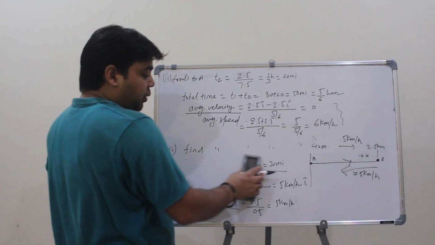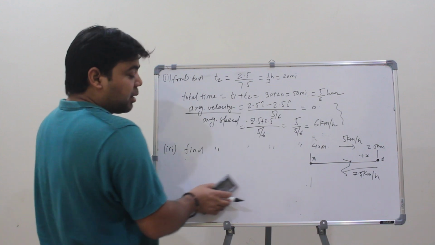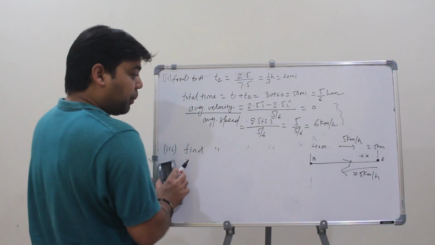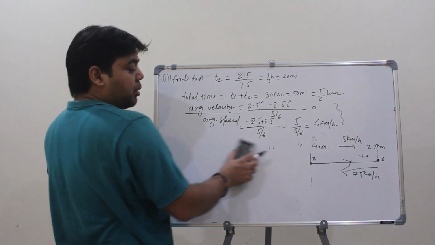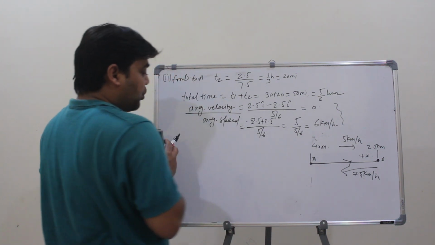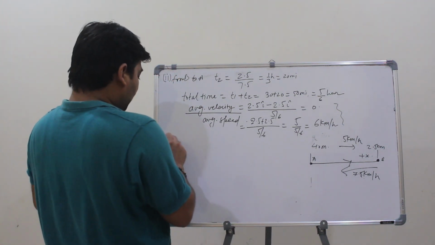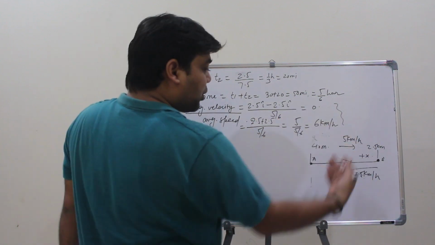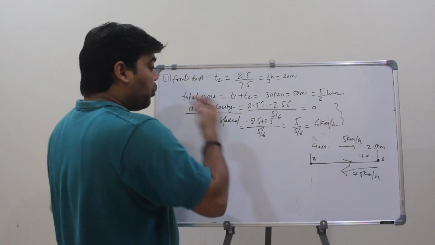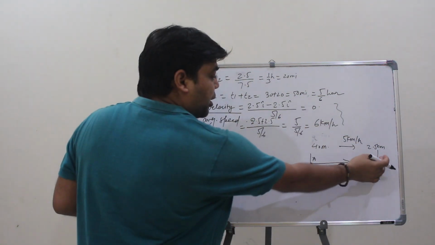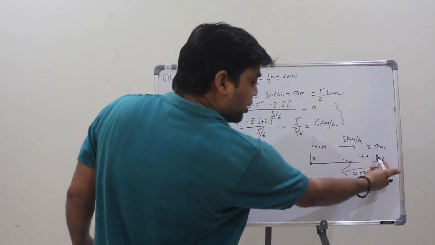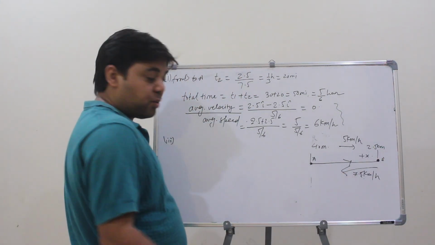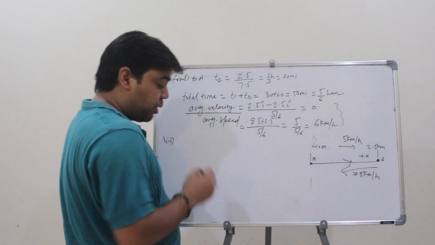So in the third one, if you see, it's asking what is the average speed and velocity in the first 40 minutes. So let us go to the third. You know that in the first 30 minutes, he travels 2.5 kilometer. Now in the next 10 minutes, how much will he travel? So time multiplied by speed.